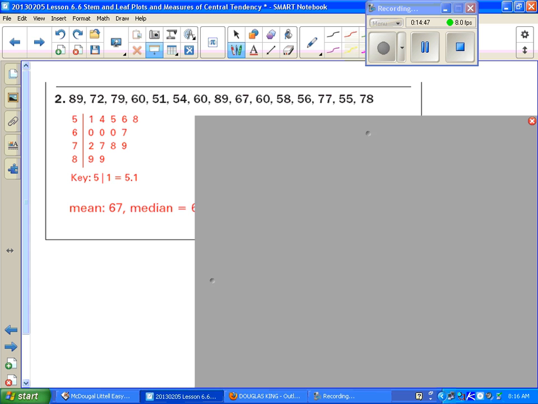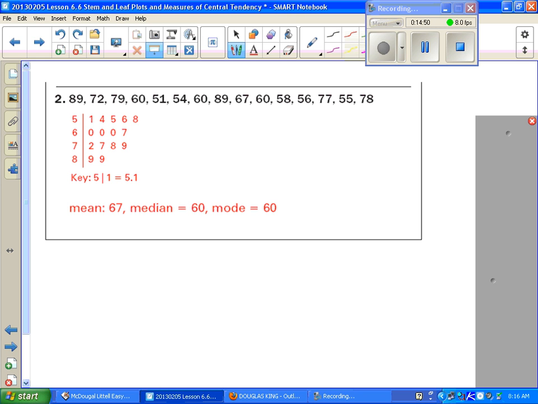And then making another stem and leaf plot in order will look like this. Mean means to add them all up and divide by however many they have. 1, 2, 3, 4, 5, 6, 7, 8, 9, 10, 11, 12, 13, 14, 15. You divide by 15 once you add them all up, and you get the number 67 for your mean.